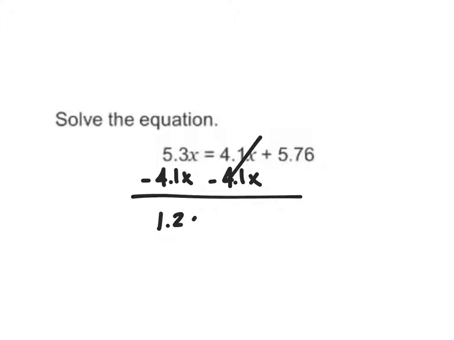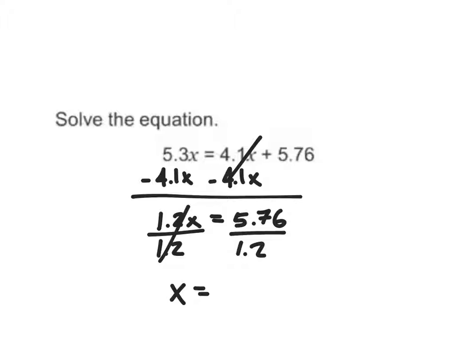So 1.2x is going to equal 5.76. I'm going to divide both sides by 1.2. Those are going to divide out. So I've got x is equal to 5.76 divided by 1.2, and that's going to give me an x value of 4.8. All right, and that's what we've got.